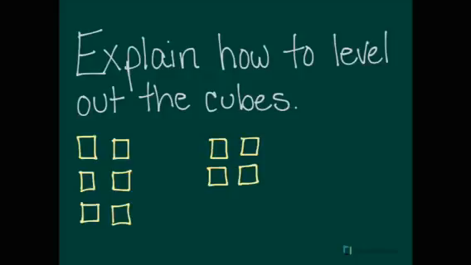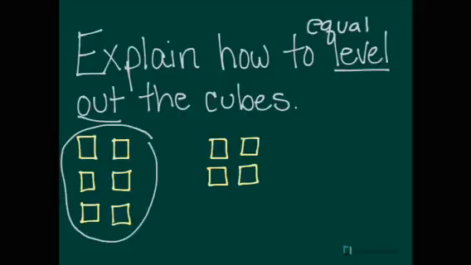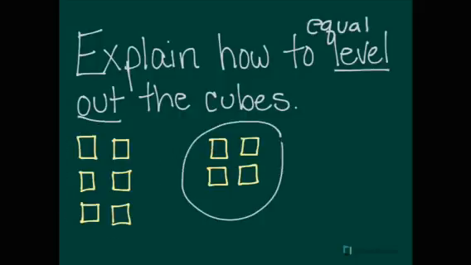Okay, so first I'm going to explain how to level out the cubes. Now level out just means to make equal. So here we have a group of 6 cubes, and here we have a group of 4 cubes.